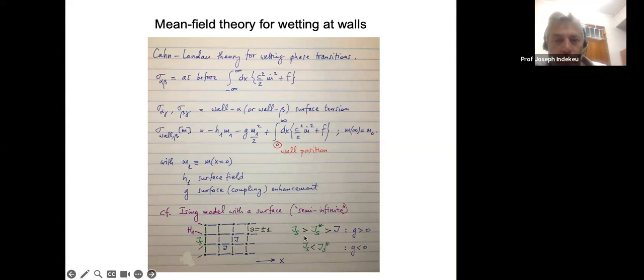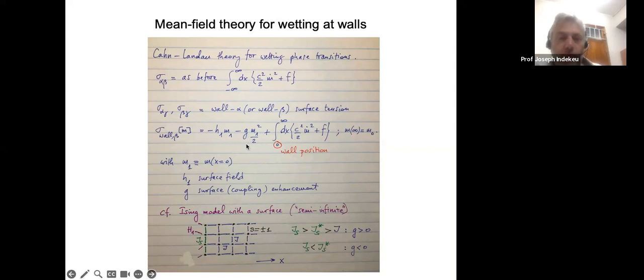If the surface coupling is less than that threshold value, although it may still be larger than the bulk value for the couplings, but if it's less than that threshold value, then the result is that there is no surface enhancement of the order parameter, but then the G turns out to be negative.